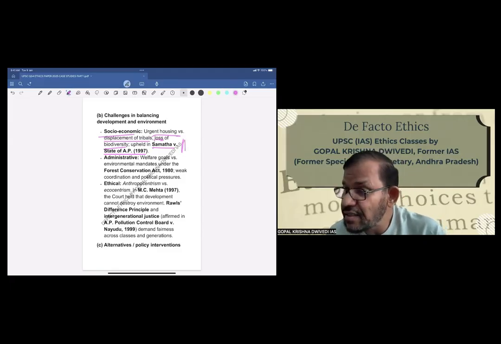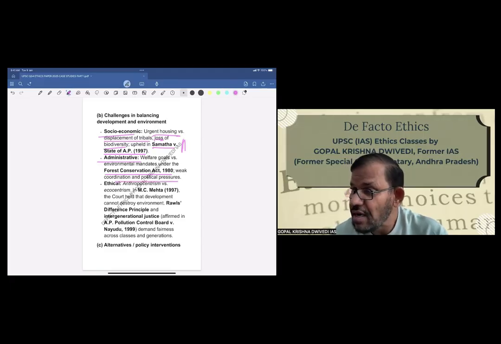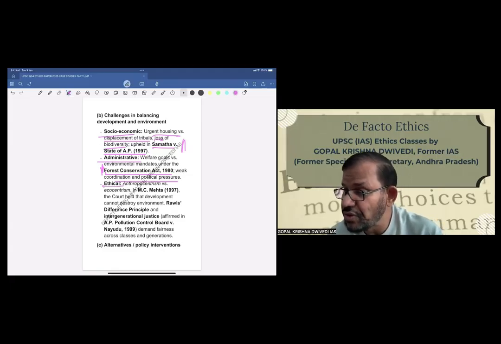Then the second kind of challenge is administrative: welfare goals versus environmental mandates under the Forest Conservation Act, weak coordination and political pressures. So again, forest conservation has been mentioned, and the challenge is administrative. Third is ethical: anthropocentrism versus ecocentrism.